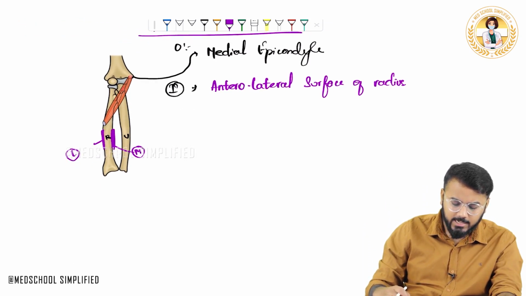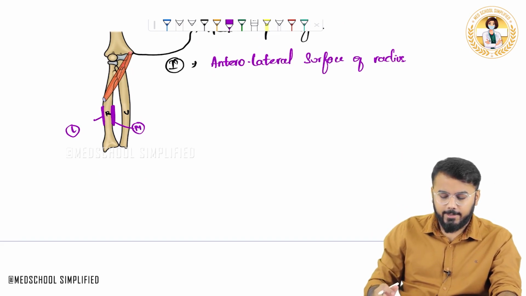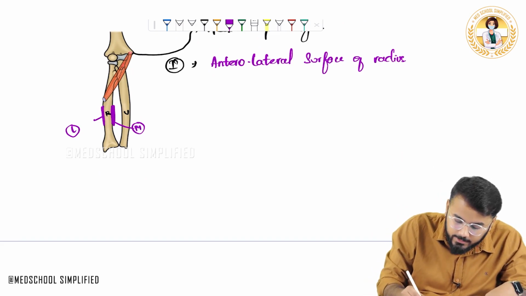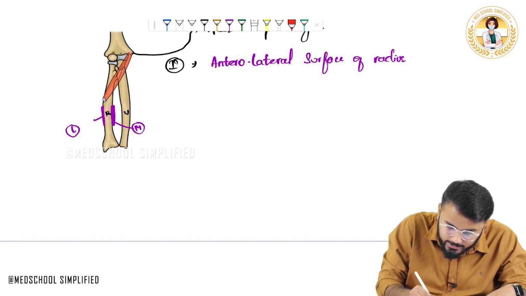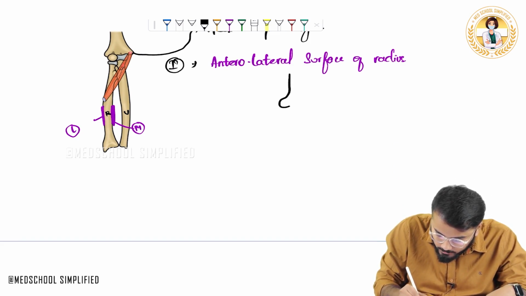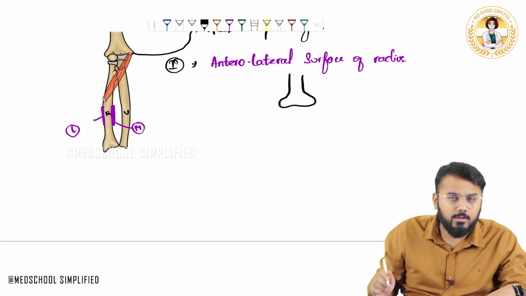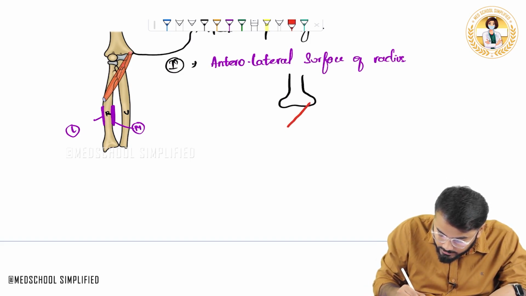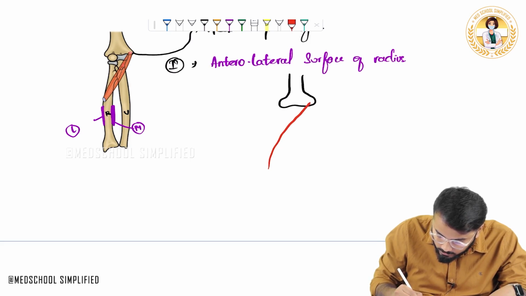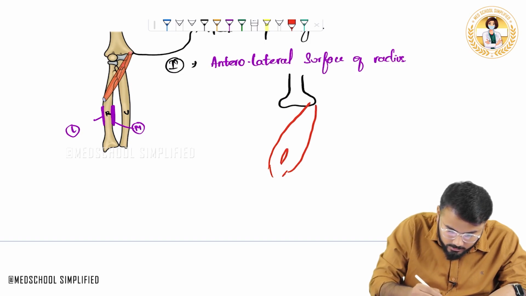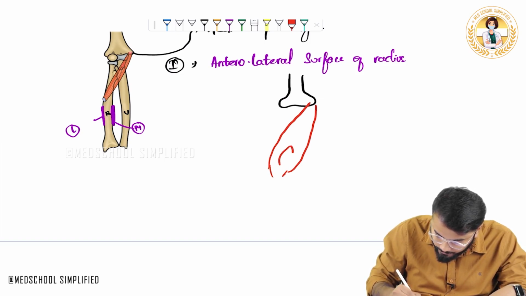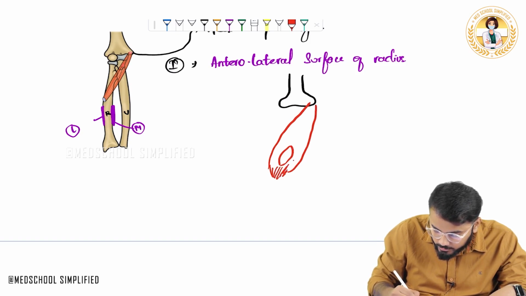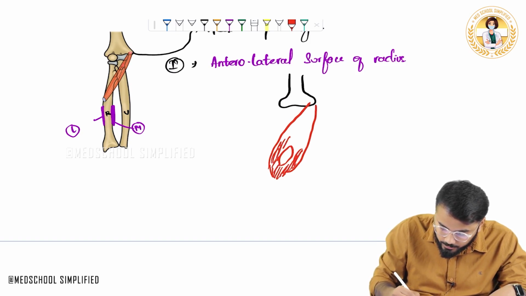Actually guys, if you look at this muscle clearly, this is how the muscle looks. Let us say, for example, this is your humerus, the distal end, and this is the muscle, your entire pronator teres.